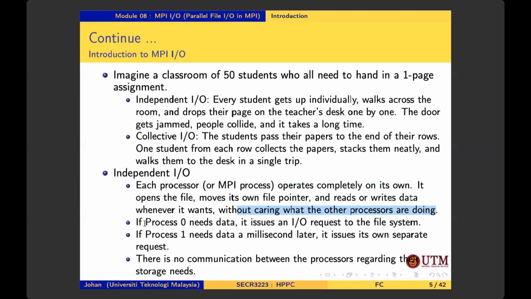If process 0 needs data, it issues an IO request to the file system. And if process 1 needs data a millisecond later, it issues its own separate request. So there is no communication between the processors regarding the storage needs.